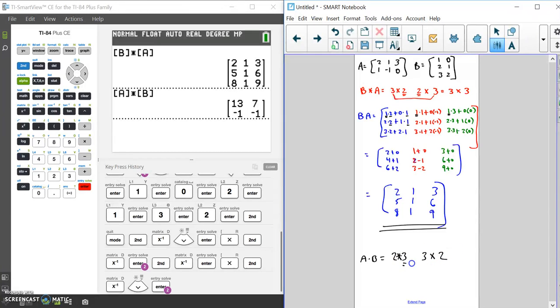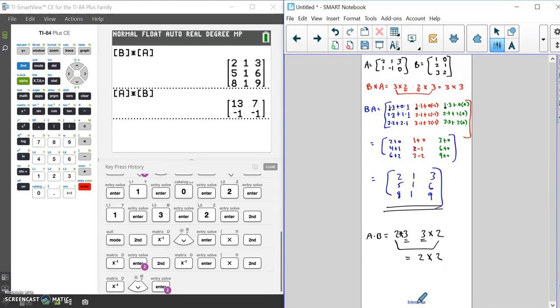So we do see we can do the matrix multiplication here because the inside values match, but on the outside, these numbers are both 2, so when we're done we end up with a 2x2 matrix, which is why when we do the multiplication here, we get 13, 7, -1, and -1. Okay, so you cannot flip the order of these and get the same answer.